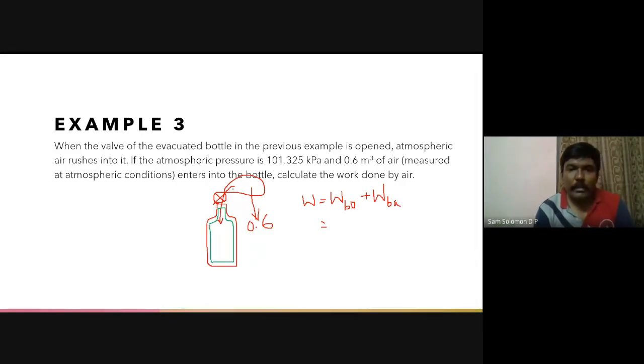In this case the boundary is this, and now when the air moves from here to here, the air is crossing this particular boundary, and the volume becomes 0.6 from 0. So the work is crossing the boundary, whereas in this particular case the volume is still retained. There is no change in the volume of the bottle. So you should also consider the change in the volume of the closed system as well.